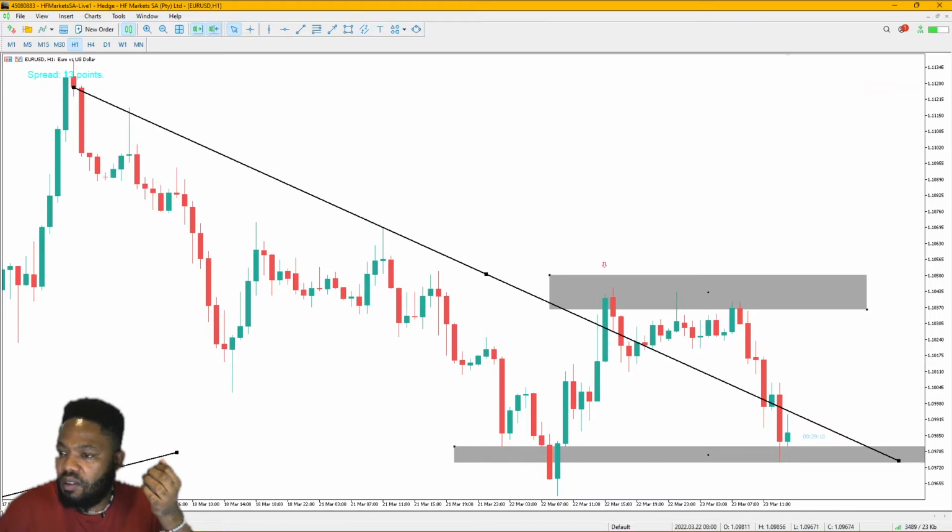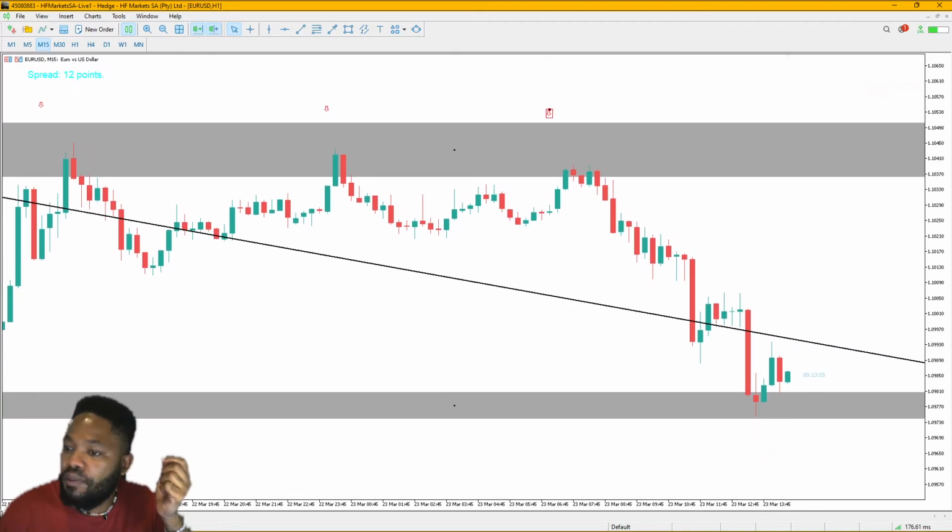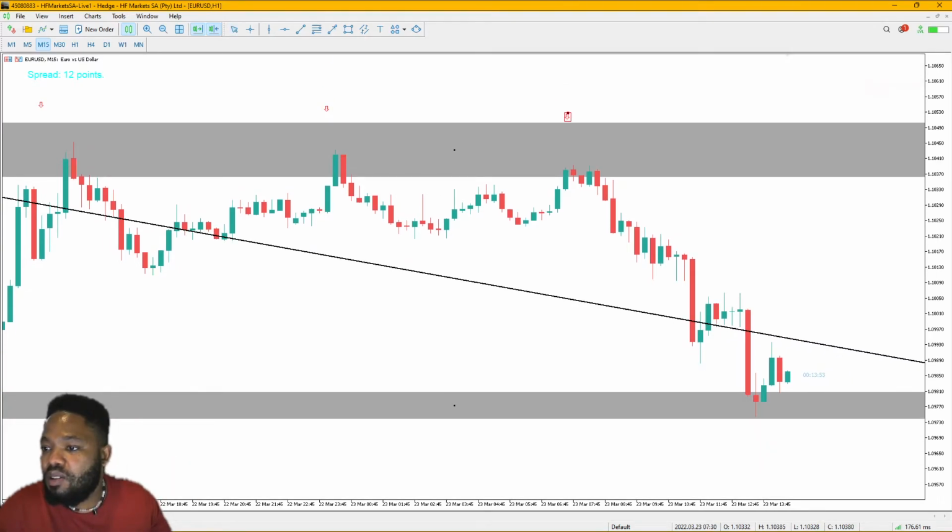Here, here, and here. So when we move to a lower time frame, because now we're on the 1 hour and we're moving to a 15-minute time frame, you see those areas, those wicks on a higher time frame.